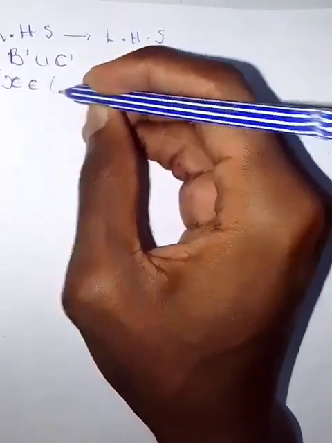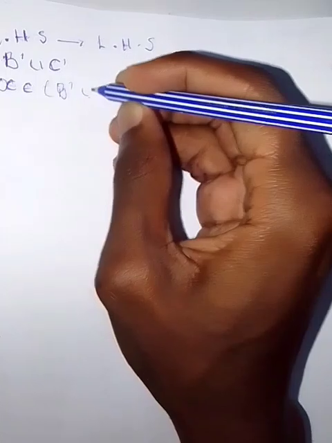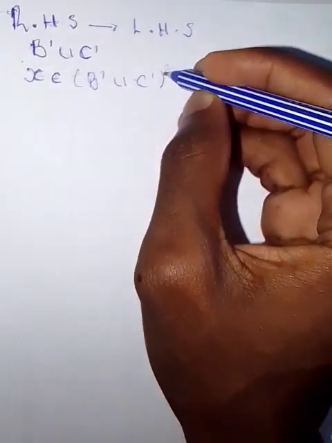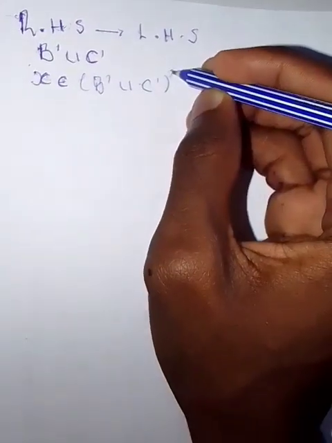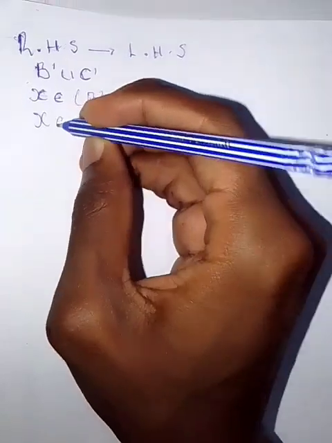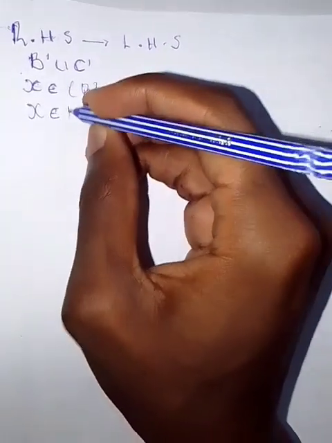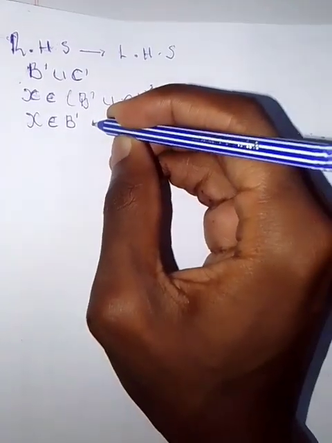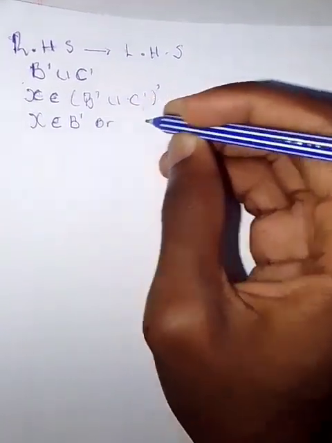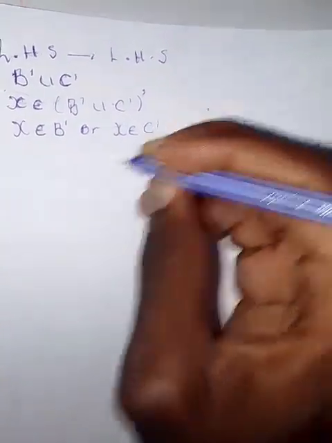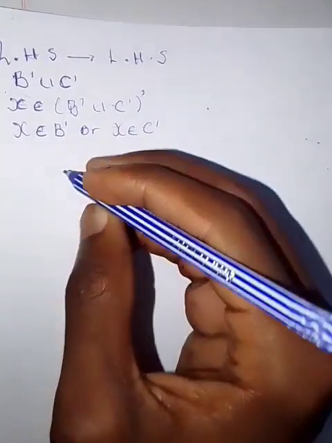B complement union C complement. So this time we don't have a complement outside here, meaning no symbol will change here. The moment you just see a complement outside, just know that the symbols are going to change. So we are just going to expand, and we are going to have X a member of B complement, or X a member of C complement.